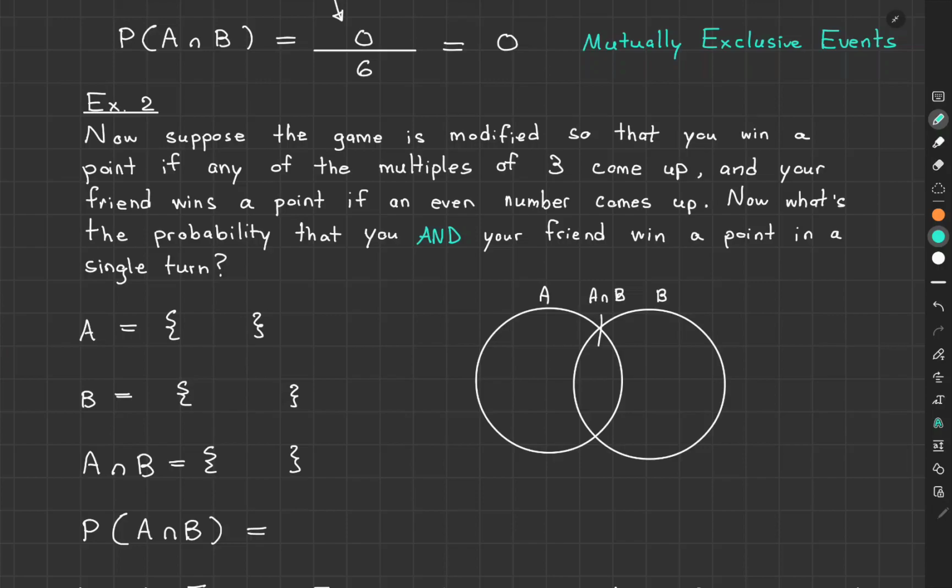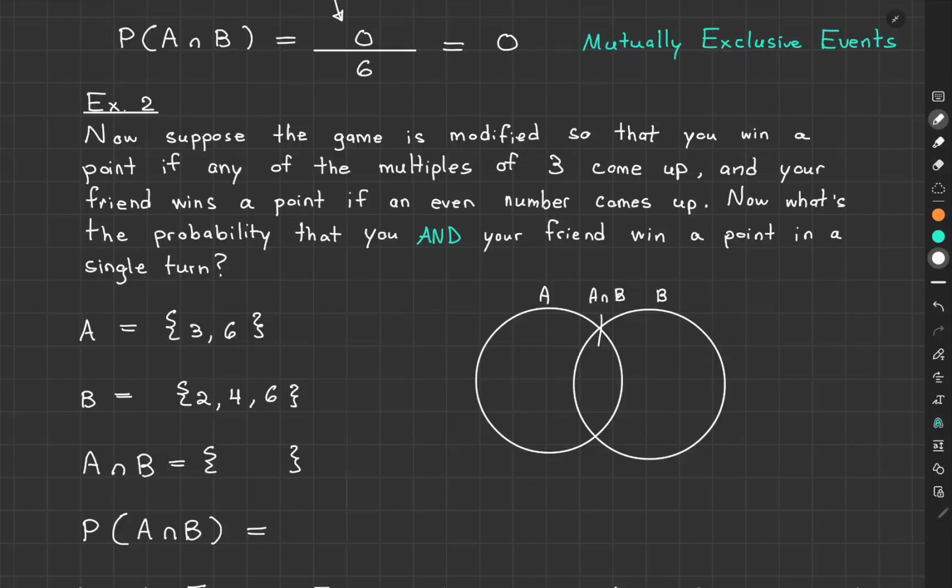So first, let's consider your winning values. Multiples of 3 would be 3, 6, 9, and so on. On a die, only 3 and 6 meet this criteria. And for your friend, the same values hold, so it's 2, 4, and 6.